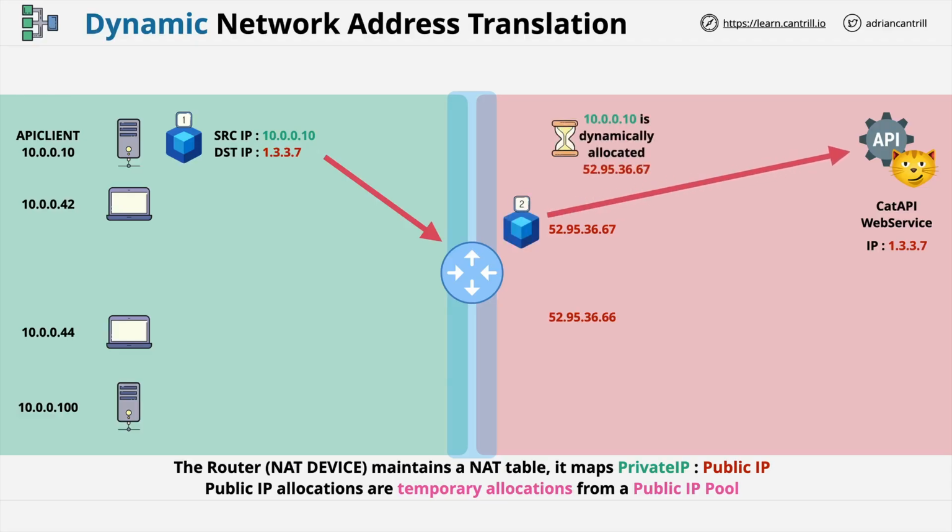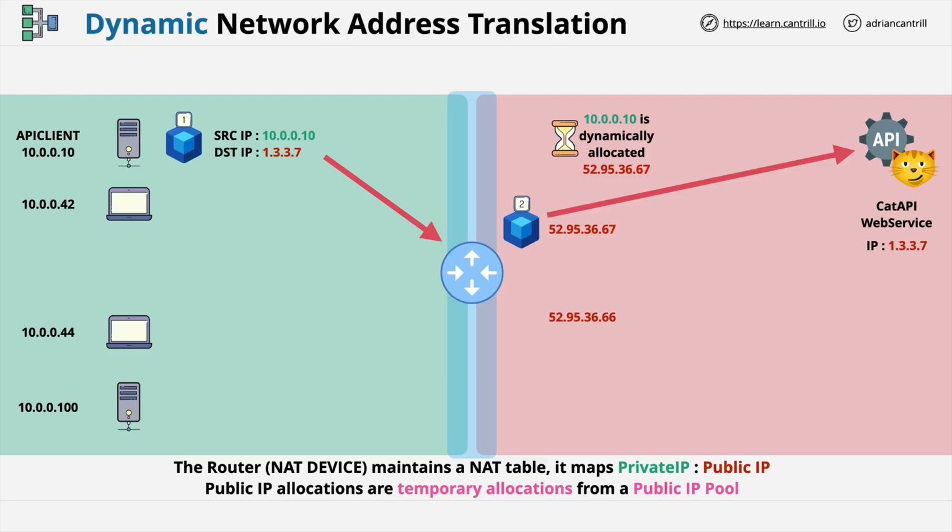In this case, 52.95.36.67 is allocated on a temporary basis. So the packet's source IP address is translated to this address, and the packets are sent onto their final destination. The CAT API is able to send response traffic back using this public IP allocation.